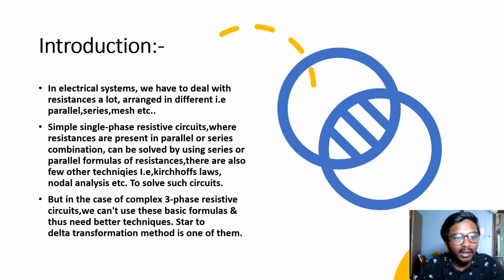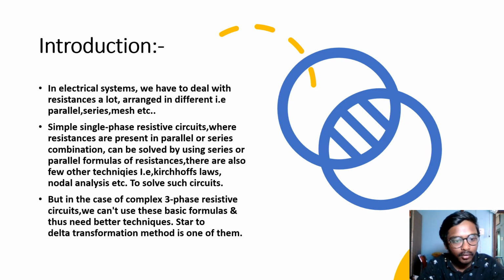Introduction. In electrical systems, we have to deal with resistors a lot, arranged in different ways: parallel, series, mesh, etc. Simple single-phase resistive circuits where resistances are present in parallel or series combination can be solved by using series or parallel formulas for resistance.